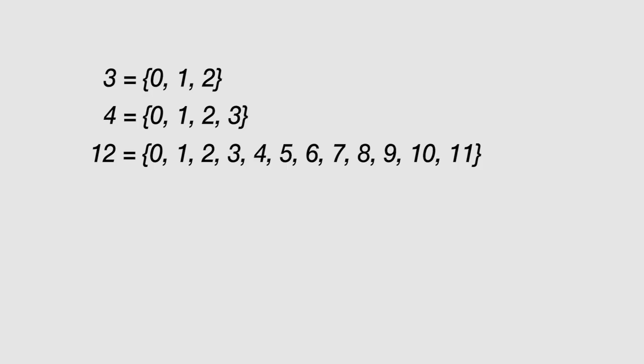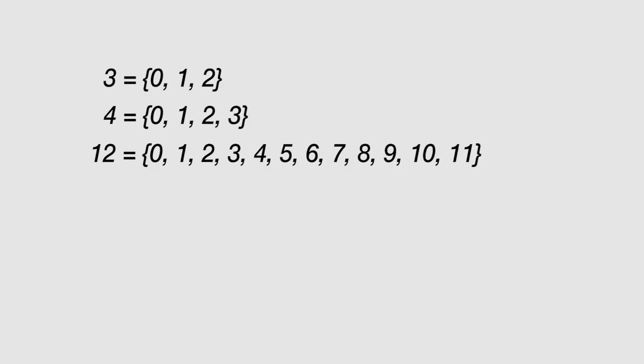That is because if you divide by 4, you cannot get a remainder of 4, and so the remainders will only stop at 3. If you are dividing by 6, you can't have a remainder of 6, and so your remainders go from 0 to 5. And that is how it goes. And so for mod 12, our remainders are 0, 1, 2, 3, up to 11.